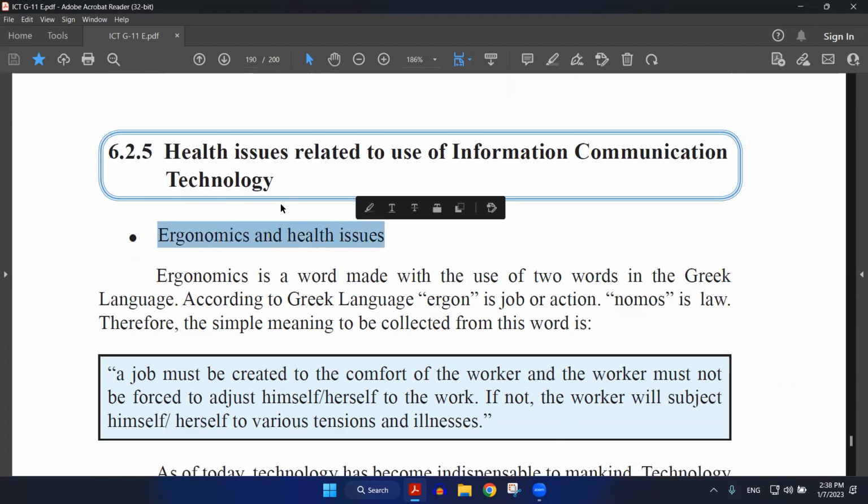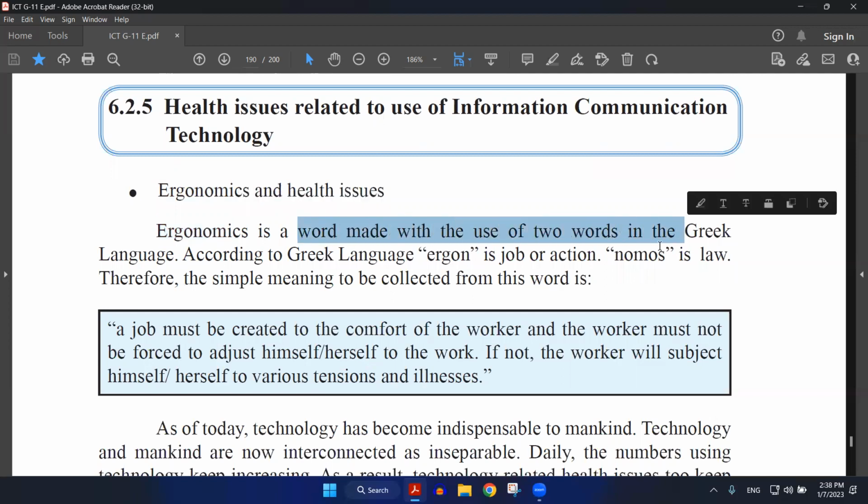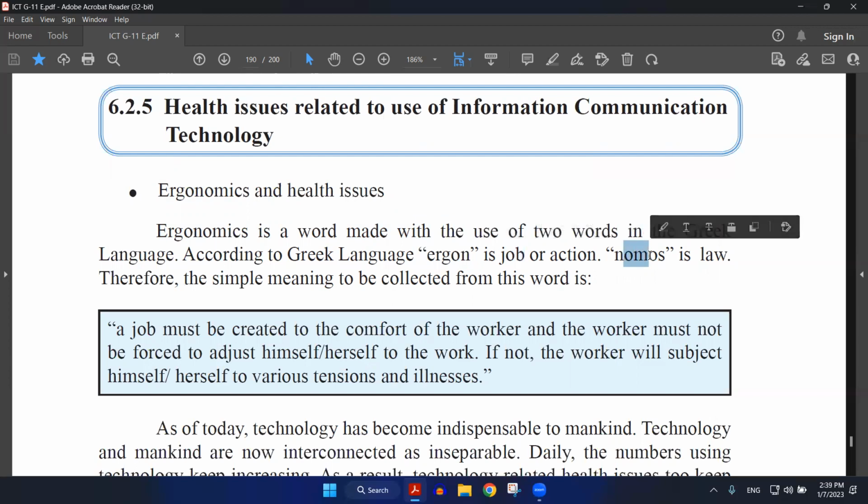First, they introduce what ergonomics and health issues are. Ergonomics is a word made out of two Greek words: ergon, regarding a job or an action, and nomos, which is a law, right? So it talks about the laws that we have to carry out when we are doing a job.